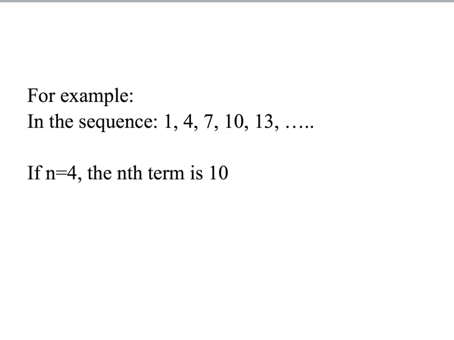So for example, in the sequence 1, 4, 7, 10, 13, if n equals 4, then the nth term is 10. This term is in position number 4, so it is the fourth term, and its value is 10.